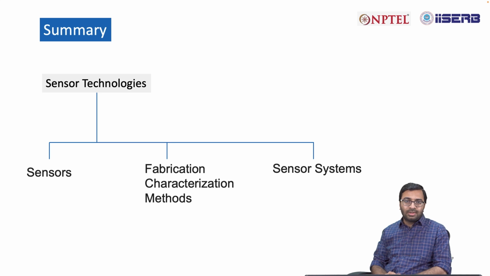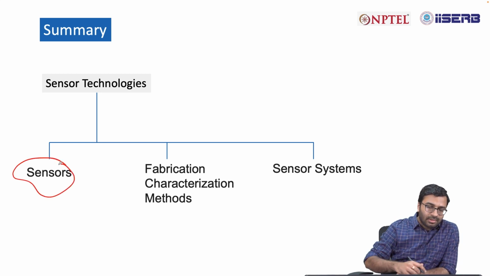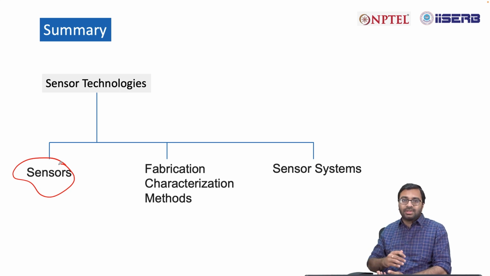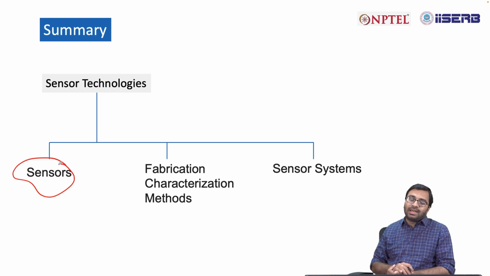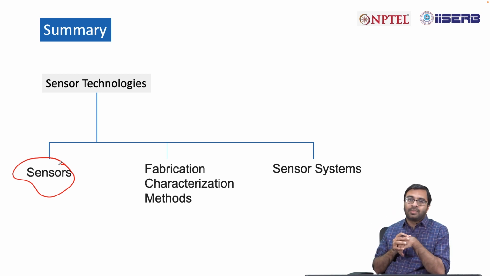In this course, if I summarize, we have covered different sensors, including different types of sensors. For example, if it is a thermal sensor, how a temperature sensor works, how a thermal sensor works, and then how capacitive sensors work, or how can we design a capacitive sensor.